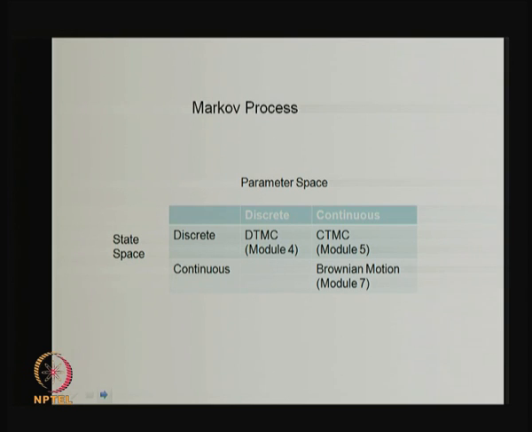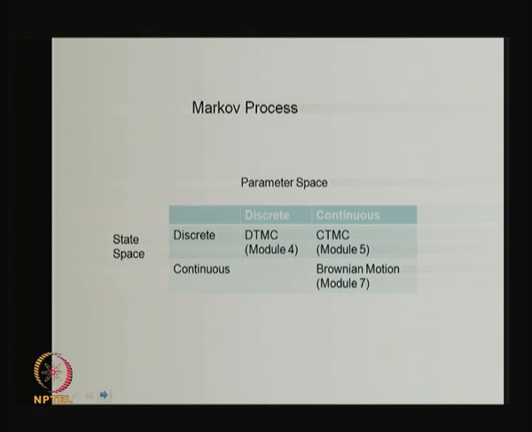Let me start with the introduction of continuous time Markov chain. The continuous time Markov chain is a special case of a stochastic process. This is a stochastic process in which the Markov property is satisfied, therefore, it is called a Markov process. Based on the classification of a state space and the parameter space, whether it is discrete or continuous, you can classify the Markov process.